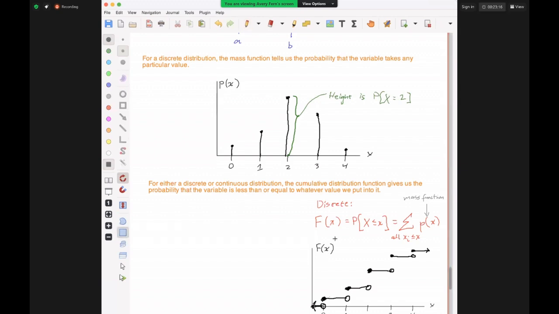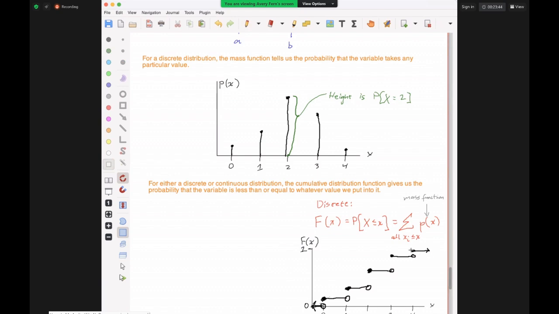And importantly, the smallest value on our y-axis is 0. The largest value is 1. Because we get to a point where, or at least for just the discrete distribution, we get to 1 up top. For this particular distribution, we get to 0 on the bottom.